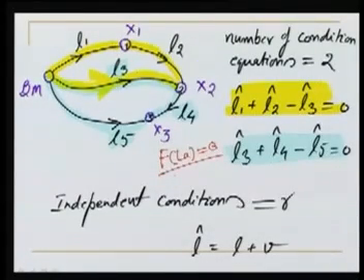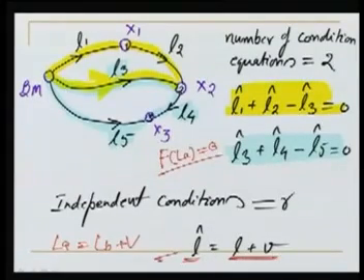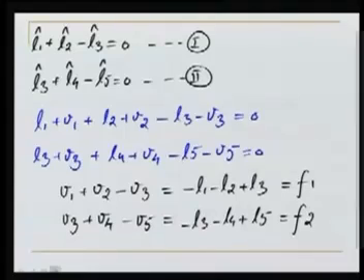Now we know that L hat is L plus V, and we are going to replace L hat by L plus V in these two equations. So these are the basic two condition equations.